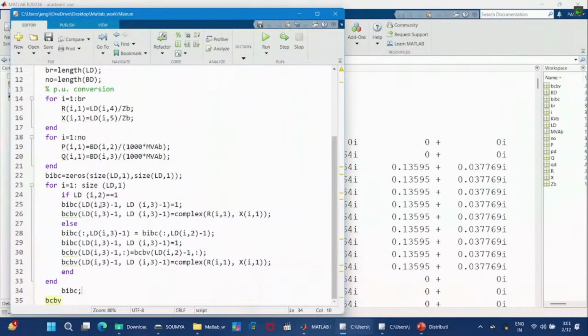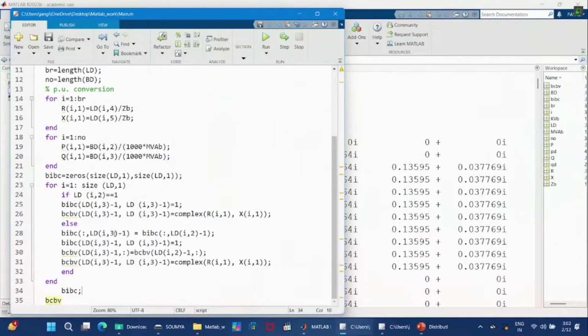When we have this size BIBC, comma, from this notation we can identify that for the first scenario, I equal to 1, so line data 1, 3, whatever the value of line data minus 1, and this same notation, either it will be 1, 1 or 2, 2, something like that, it will be 1 for the BIBC matrix, and for the BCBV matrix, its value will be whatever the value of Z. And for off-diagonal, we do a slight calculation.